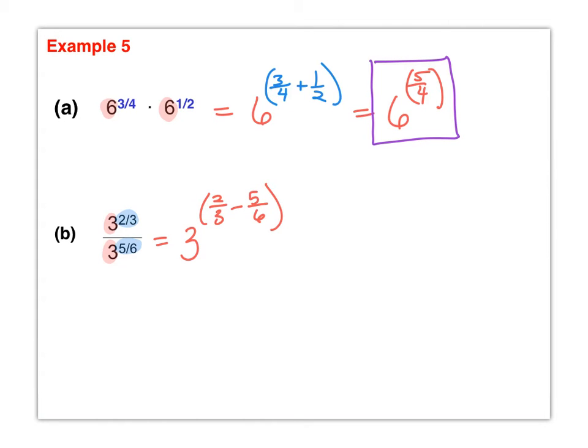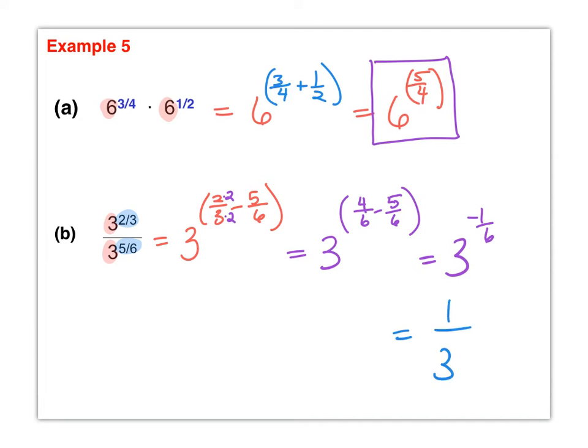You can get a common denominator here of 6, so that's the same thing as 4/6 minus 5/6, which is negative 1/6. Now we can write our answer using a positive exponent. So 3 raised to the negative 1/6 power is the same thing as 1 over 3 to the 1/6 power.